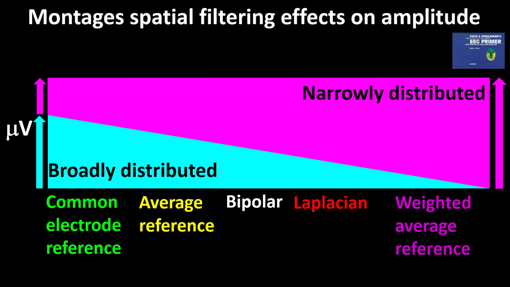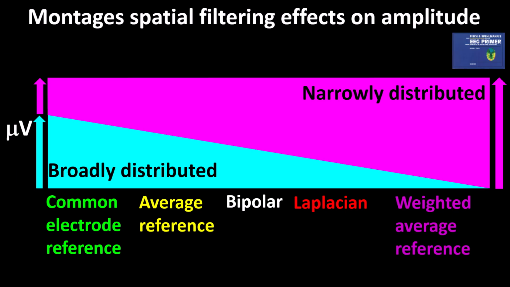As you can see, the heights of the magenta arrows at the different extremes of the frame are very different. The narrowly distributed potential when viewed by weighted average reference is very large, and this is represented by the size or height of the arrow, whereas the same potential when viewed in the common electrode reference is of a much lower amplitude.